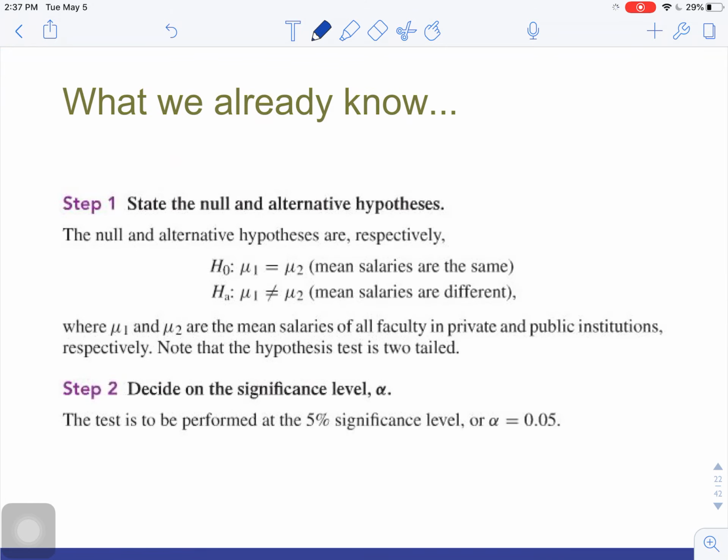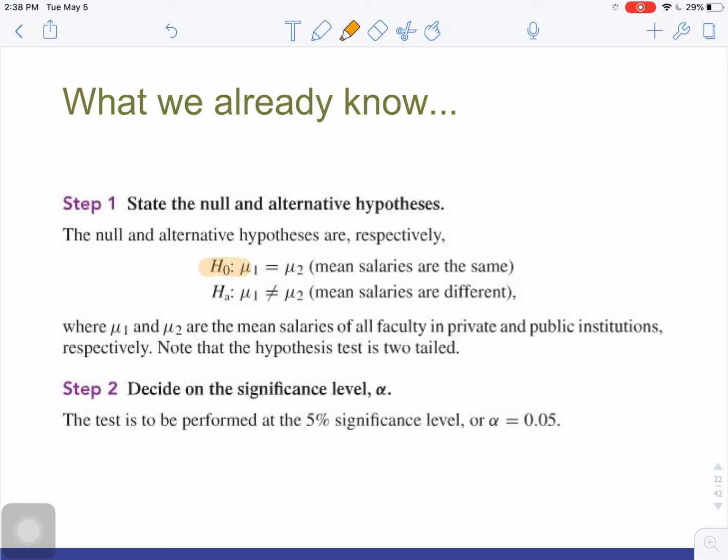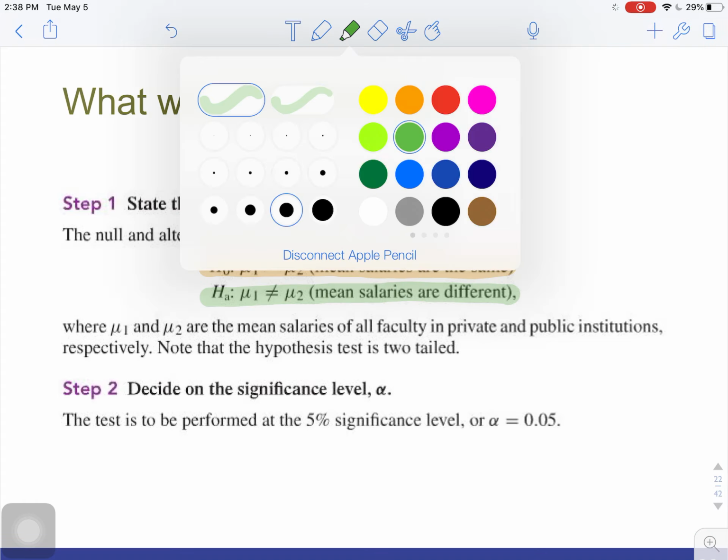Just to recap, this is what we already know. We want to compare the two population averages. Our null hypothesis is that the mean salaries are the same. Our alternative hypothesis is that the mean salaries are different.